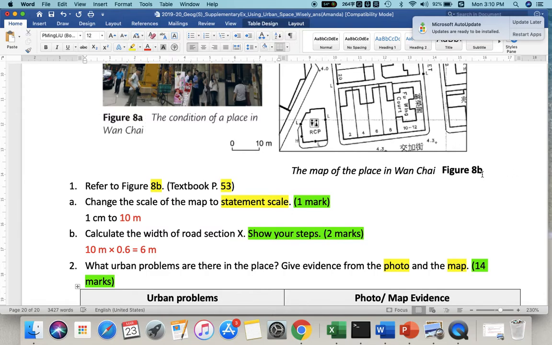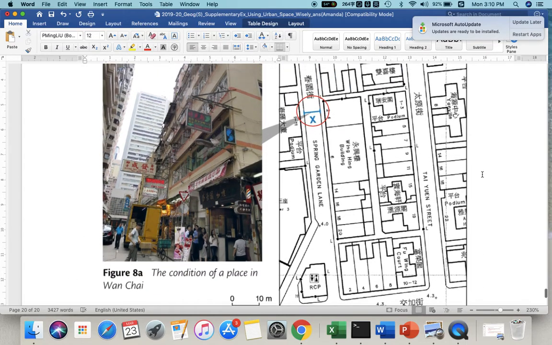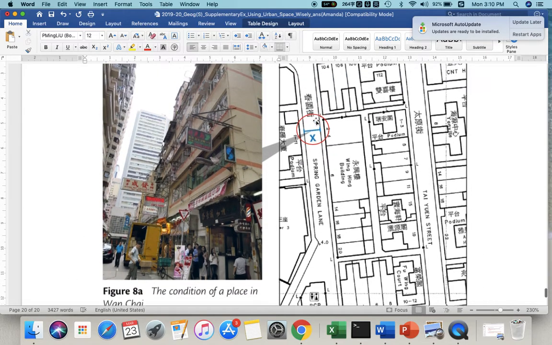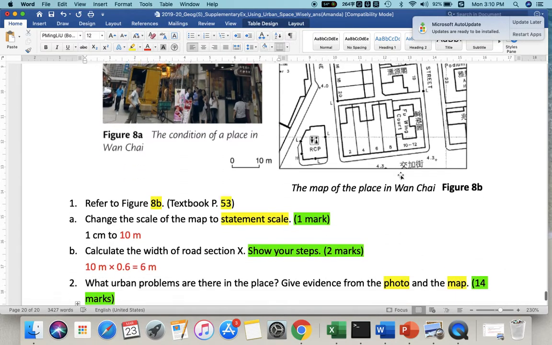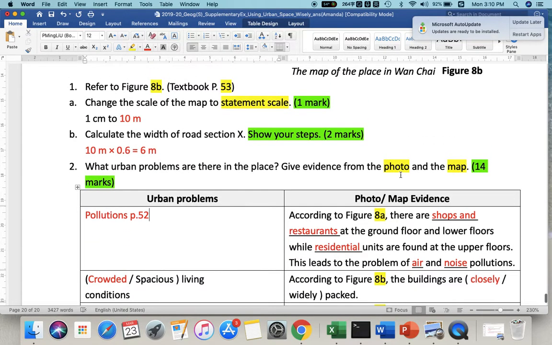So for 8b, you can see actually this is one building somewhere here. So you can see the building. They are really packed, right? So they are closely packed with each other. So the second problem we can see from figure 8b, that is from the map, is the buildings are closely packed.